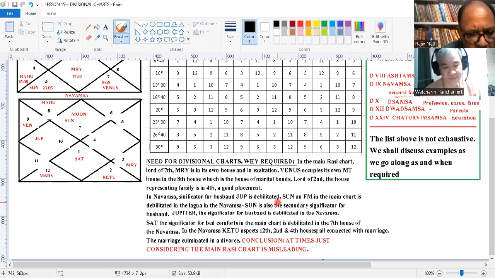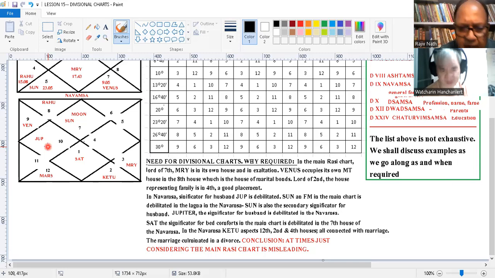Look where Jupiter is: if Jupiter is debilitated, you will see Capricorn. Here you can see it is debilitated. This is the overall karaka, the significator for the husband in a female horoscope.